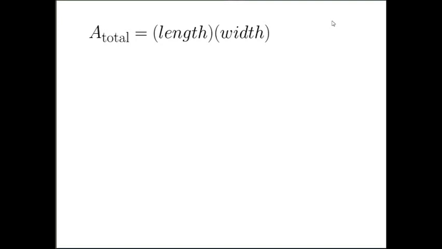And this is going to be our total area. So our length was 60 and our width was 60. So we're going to multiply those two together to get a total area of 3,600. So we've found the total area, and that's going to be our denominator of our probability. What we need to find next is the numerator.